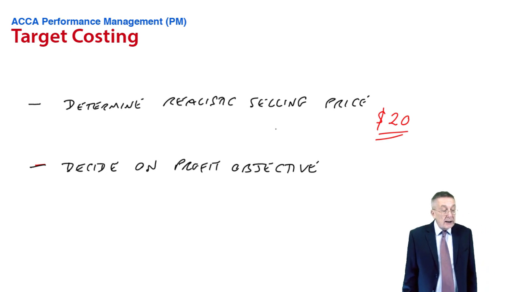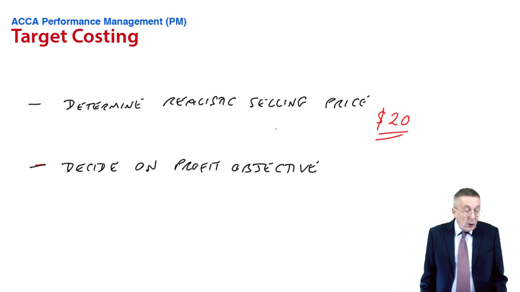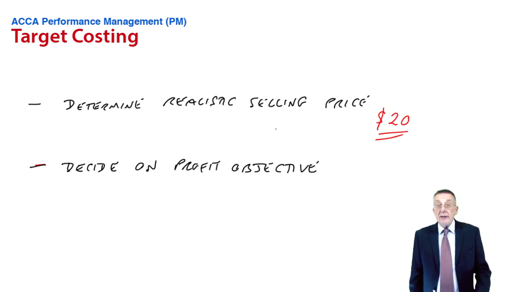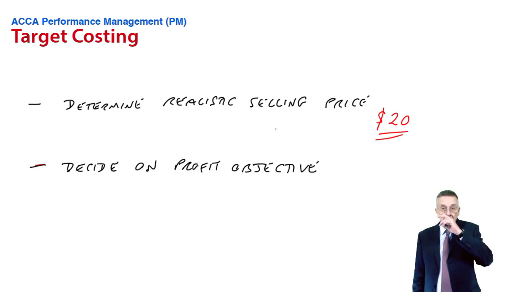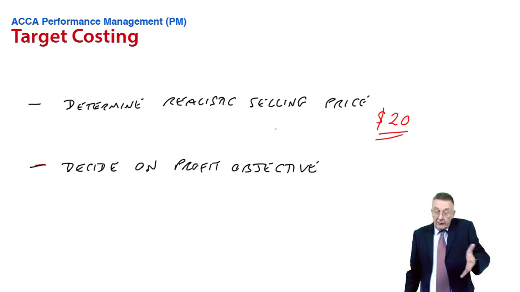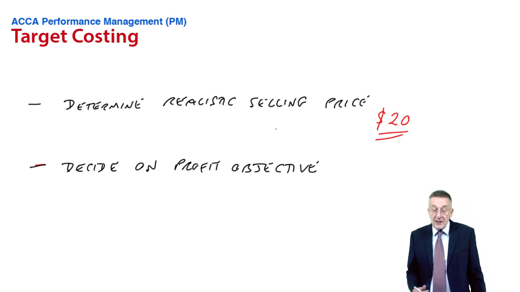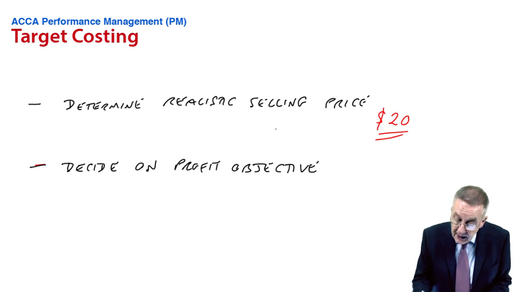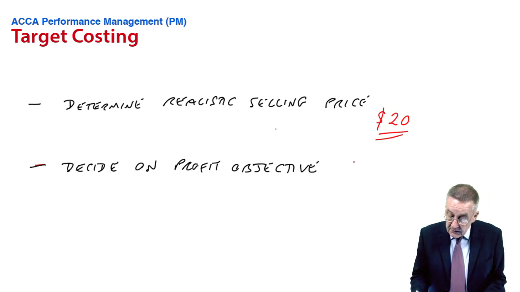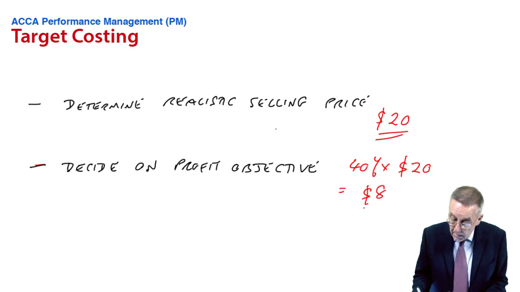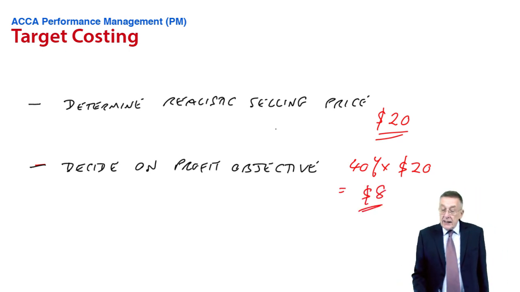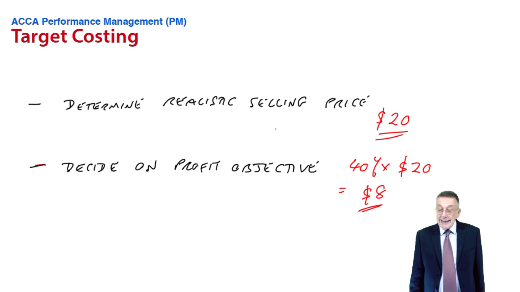But it says in example 1, they have a requirement that all products generate a gross profit of 40% of selling price. So fine. We are going to launch this new product. We want to make sure it gives us 40% of selling price. And of course, what's that? 40%? Selling price is 20. And so we need this product to make a profit of $8.